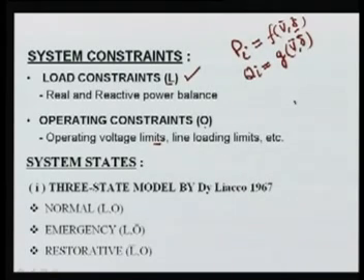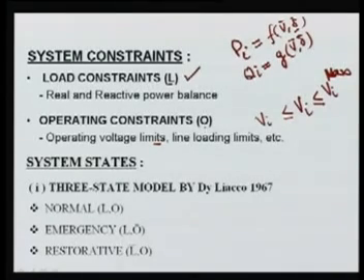Let's suppose voltage at bus i should be well within limit, means less than or equal to its ith bus limit, that is your maximum value. Similarly, it should be greater than, at ith bus, the minimum value. So this is your limit on the voltage at each and every bus.